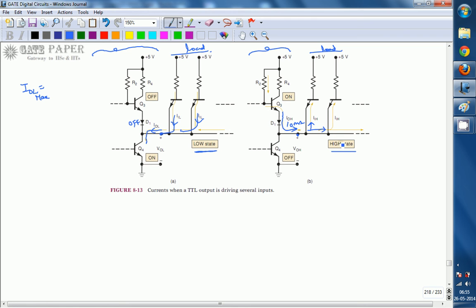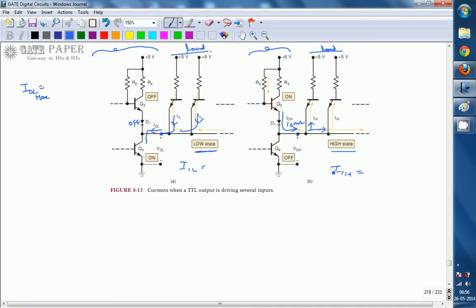The required values for this are IIL and IIH. IIL is the minimum input current required for a low transistor under low state. IIH is the minimum input current under high level. If you maintain this much, that will be treated as proper logic levels.